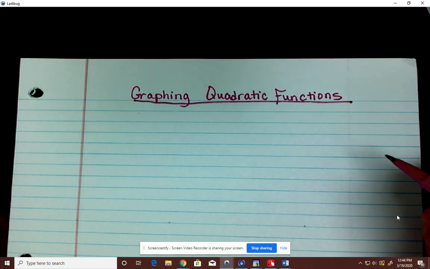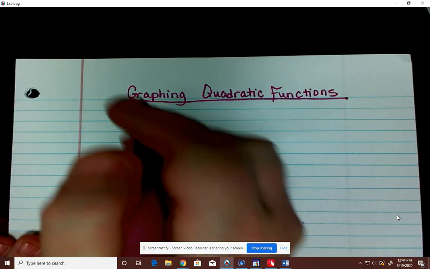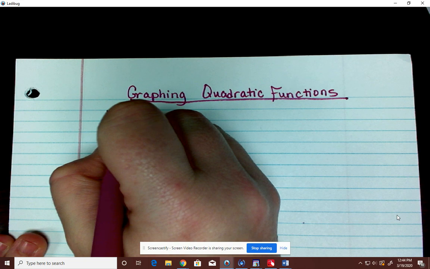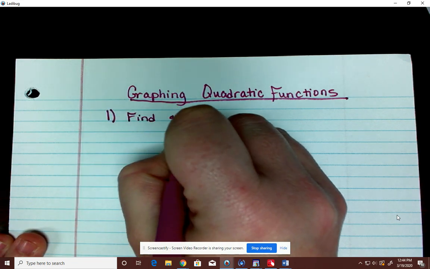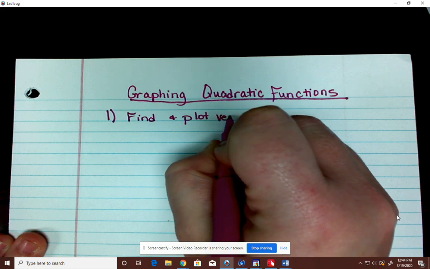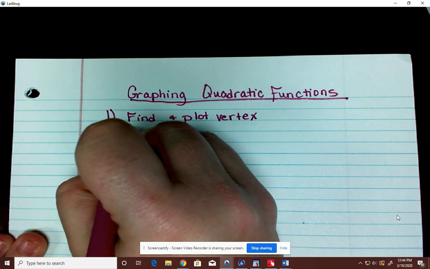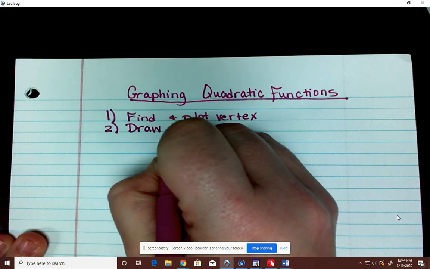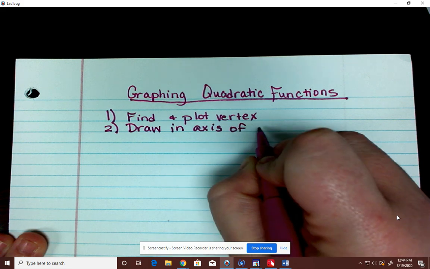Alright, so as far as our steps go, the first thing that you're going to do is find and plot your vertex. Second thing is you're going to draw in the axis of symmetry. Now this is something we haven't talked about yet.